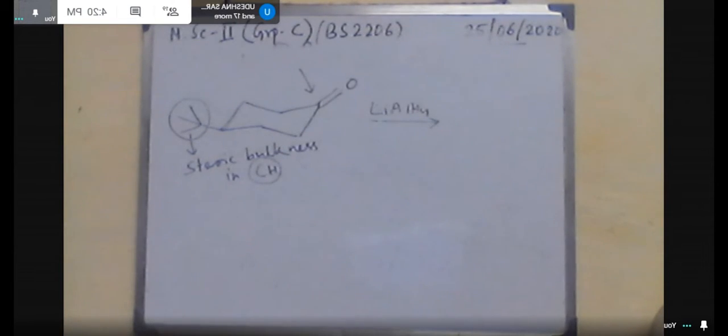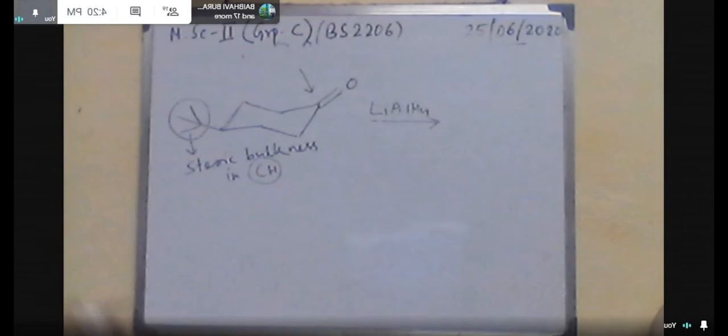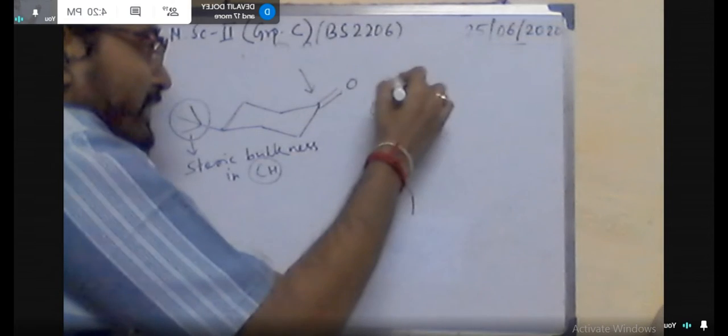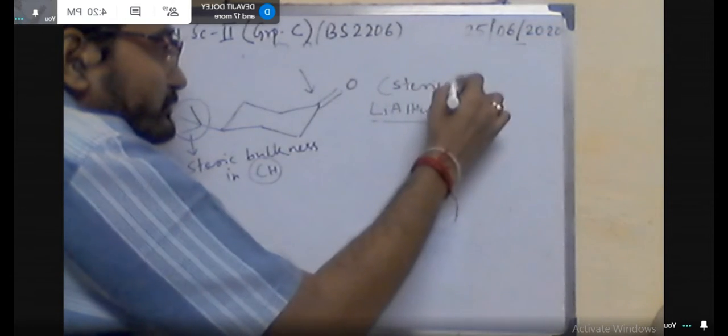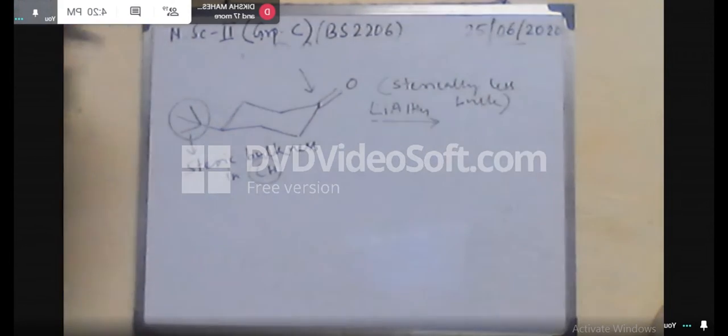So now we will apply the steric environment. In this case, generally we know that our target is that the OH will be in the equatorial position after the reduction. So in the normal reaction, you can see that lithium aluminum hydride is the less bulky metal hydride.